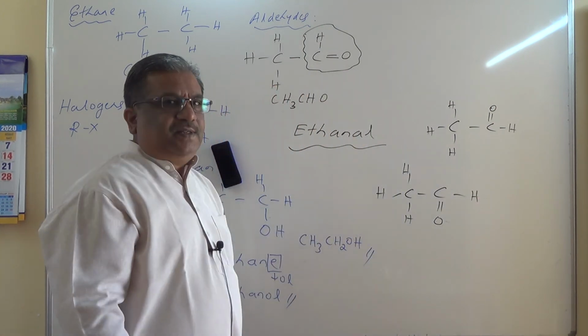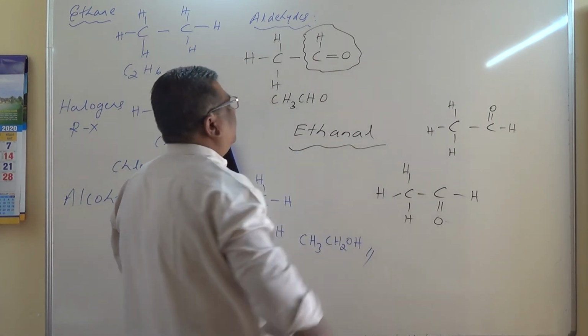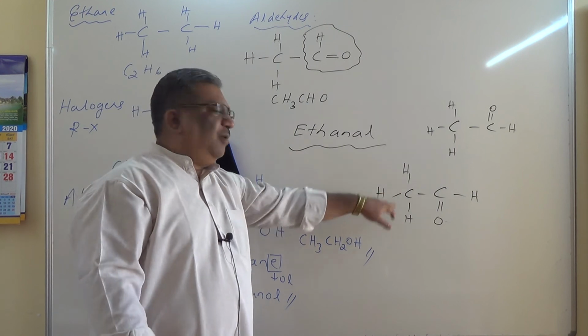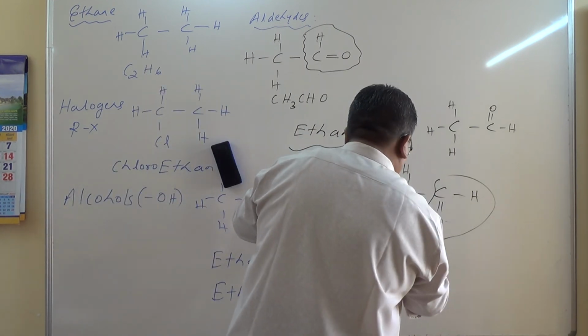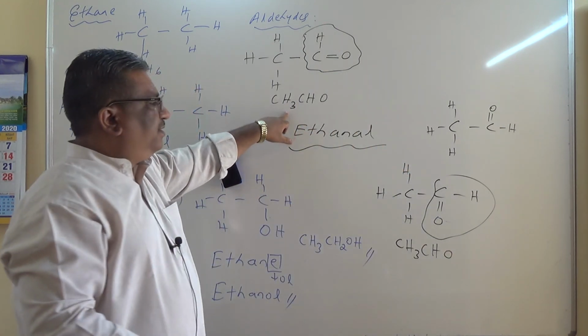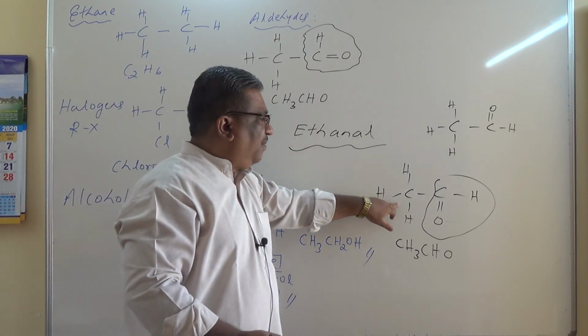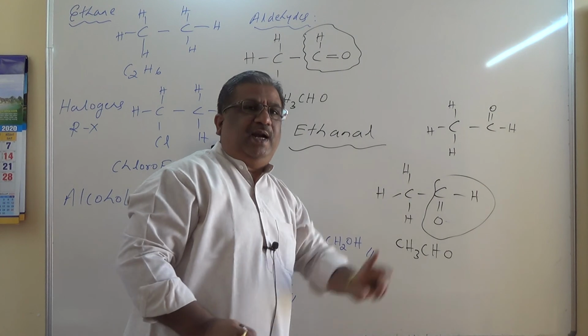Is there a difference between this and this here? Write the molecular formula for this. CH3 and this should be read as CHO. CH3CHO. Already it is CH3CHO. So we cannot form the ketone group with 2 carbon atoms.